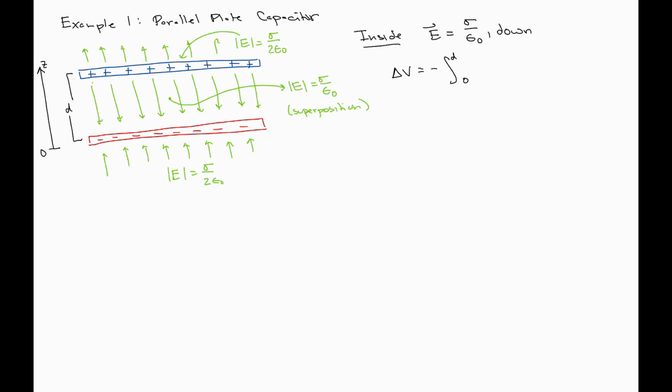I'm going to do that line integral of the electric field in the Z direction. That's going to be sigma over epsilon naught, but it's negative because it's downward. I also have this negative sign here, which just comes out of the equation. In this case, I'm going to integrate in the Z direction. When I do that, I get a change in potential equal to sigma over epsilon naught times d. So that basically says if I were to draw equipotential lines, the potential is changing linearly in between these two plates.